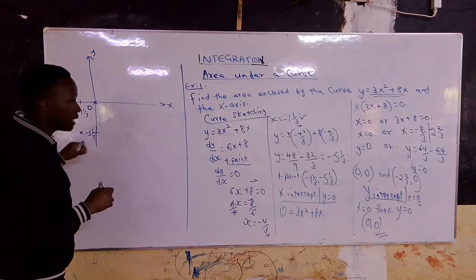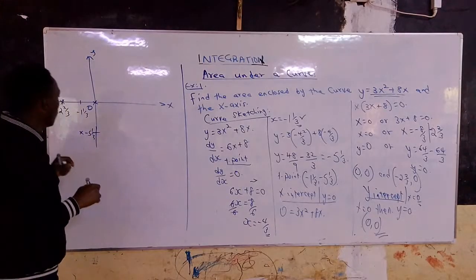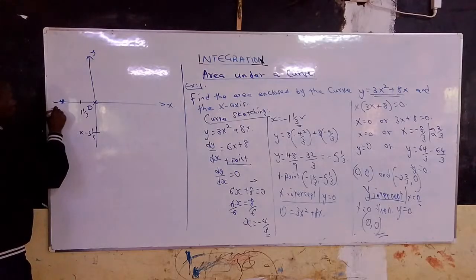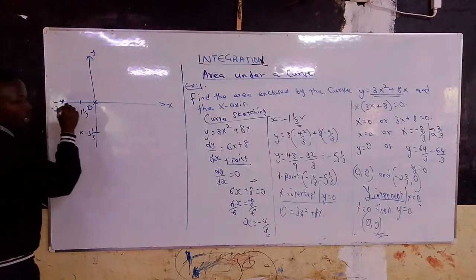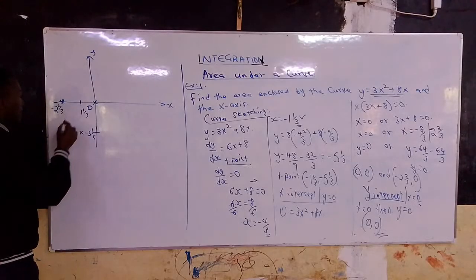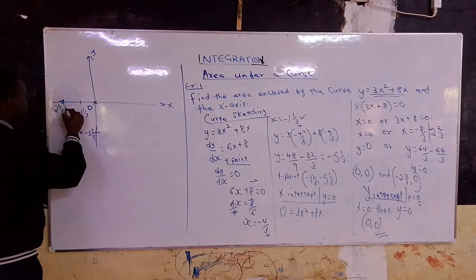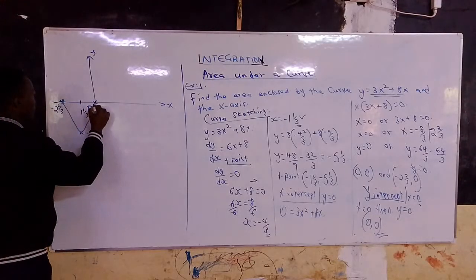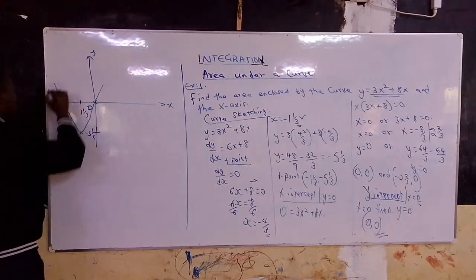And our y-intercept is 0, 0. Therefore, the shape of our curve will be like this. That will be the shape of our curve.